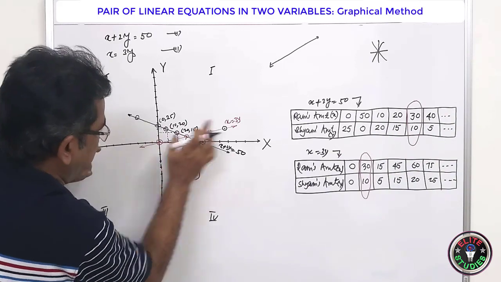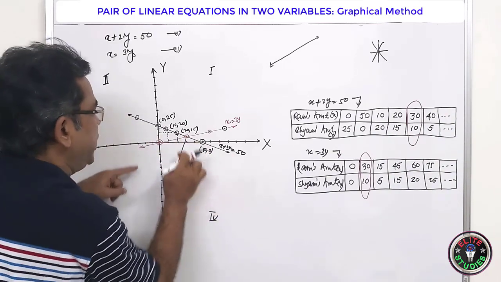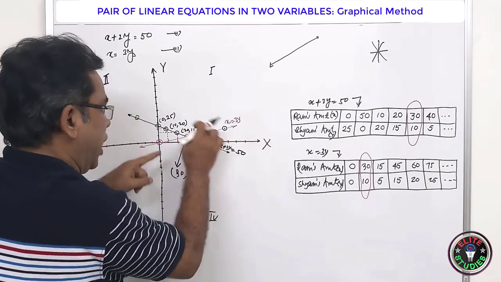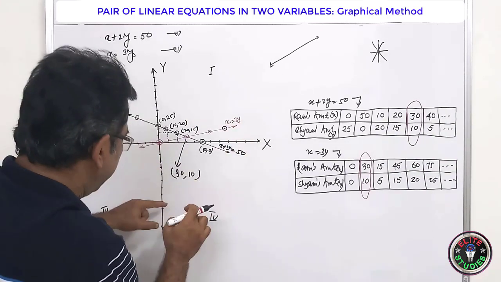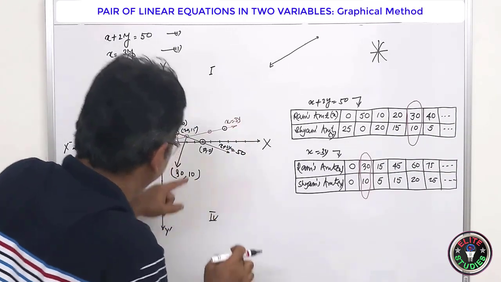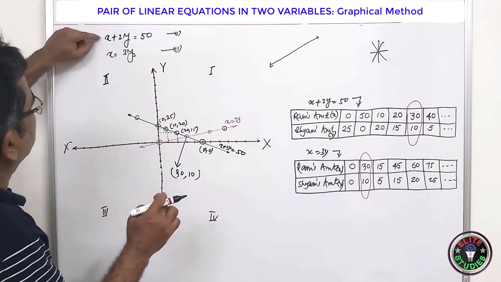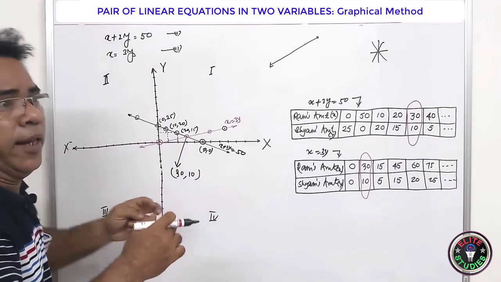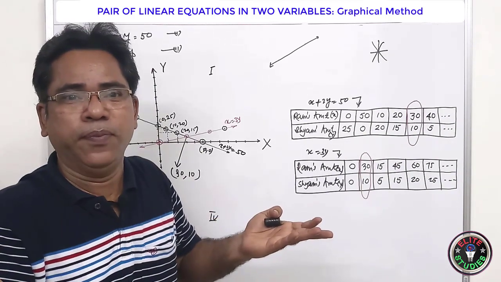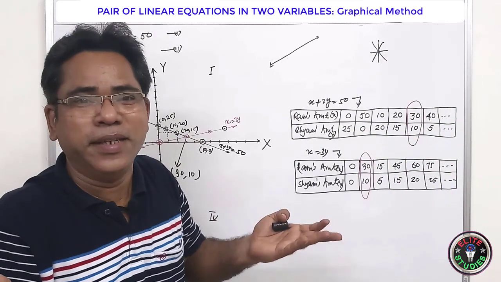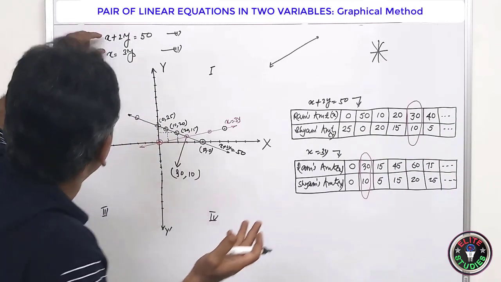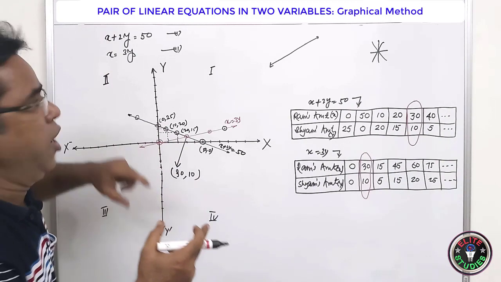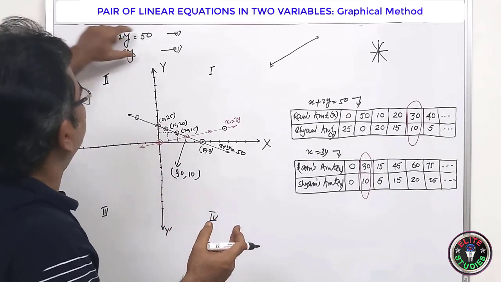Because this point is lying on the black line, and also on the red line. So therefore it will satisfy both. Means x is equal to 30 and y is equal to 10 is going to satisfy both equations, and that was our ultimate aim. That is how to get those values of x and y which will satisfy these two equations.